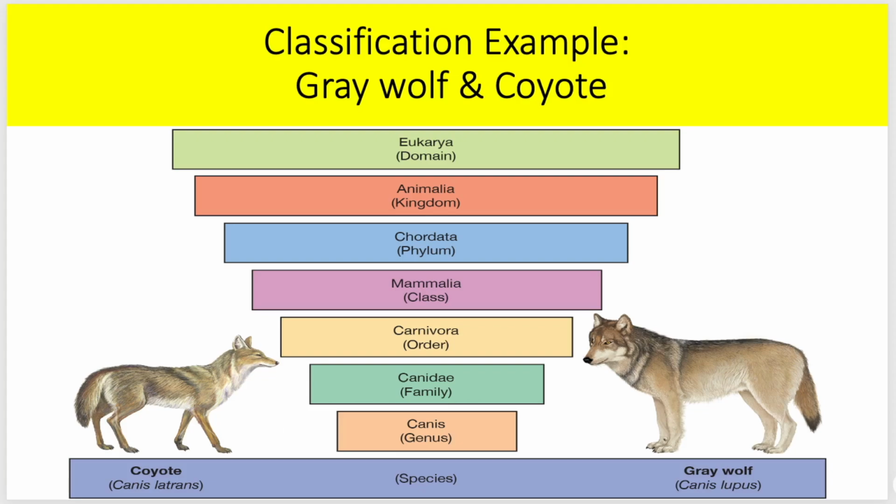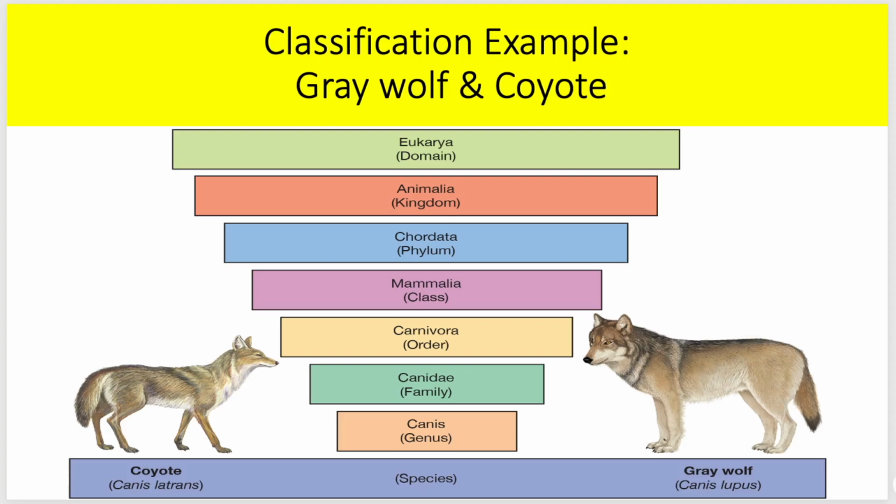Here's an example of that taxon classification. So for example, for the gray wolf, you would have Eukarya for the domain, Animalia for the kingdom, Chordata for the phylum, Mammalia for the class, Carnivora for the order, Canidae for the family, Canis for the genus, and then the species could be lupus, for example, the gray wolf, Canis lupus, or for the coyote, it could be Canis latrans.